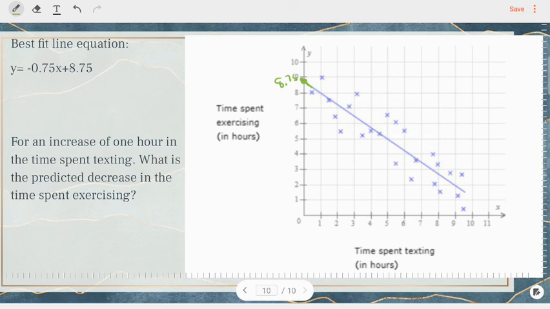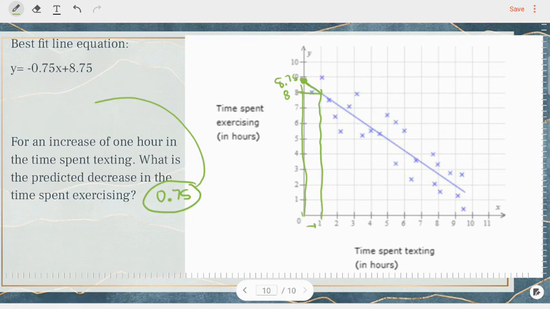And if I increased my time texting from 0 hours to 1 hour, what happened to the time I spent exercising? Well, it decreased, it went down, but how much did it go down? It went down from 8.75 to 8. So how much of a decrease is that? Well, that's a decrease of 0.75.